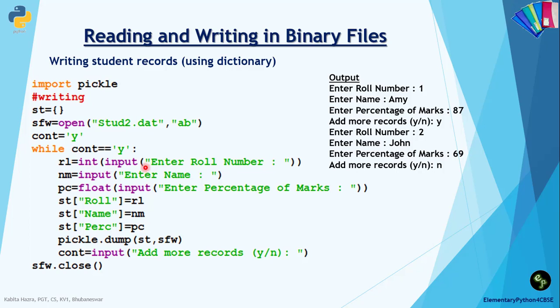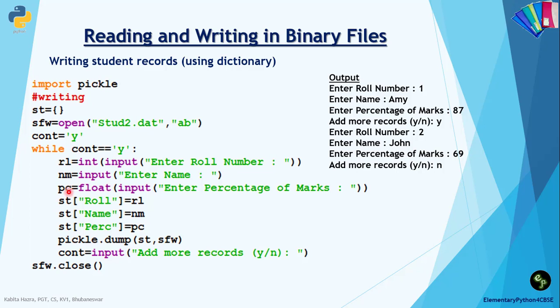We are asking for roll number, name and percentage of marks, then assigning the values to the corresponding keys in the dictionary. Then we are writing the dictionary to the file referenced by the file object sfw. Then we are again asking whether we want to add more records.